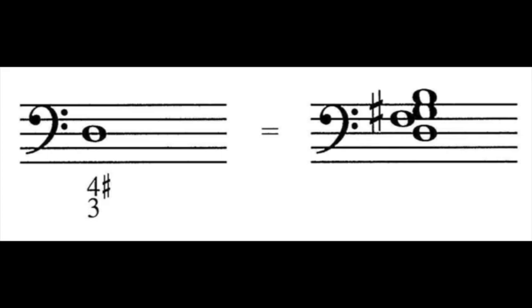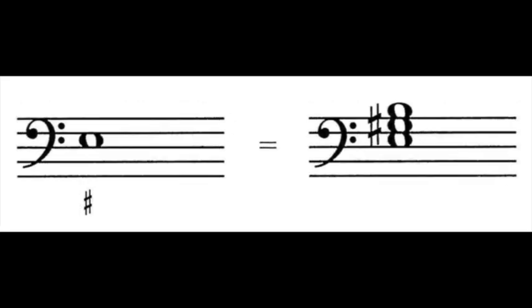An accidental next to an Arabic numeral in the figured bass could be used to raise or lower a note. So here we see a D with a sharp 4/3. First of all, we would know that because it's a 4/3, it's a seventh chord, so there have to be 4 tones. The third is above the root. Then there will be a sharpened fourth above the root, which we see with that G sharp, and then finally the sixth above that.